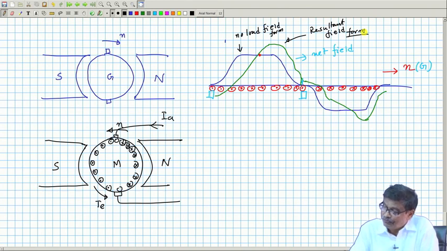The only thing is, for motor mode, you reverse the direction of rotation.